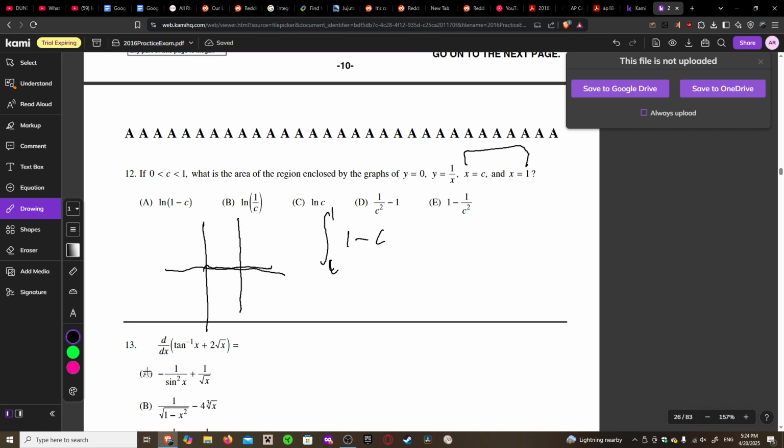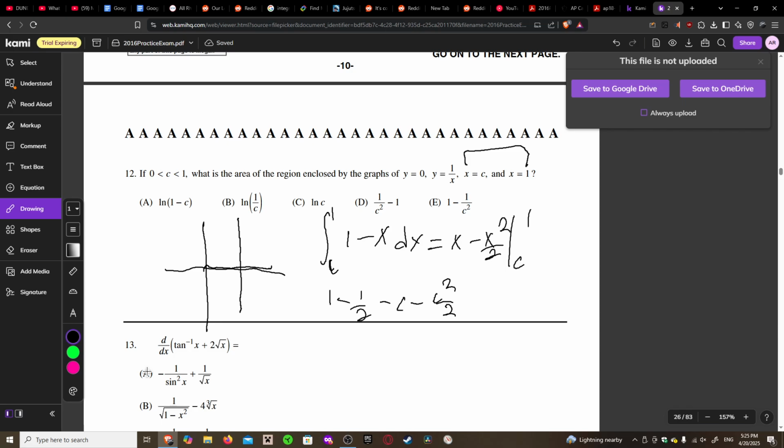Or actually, no, c would be constant, so it would be 1 minus x dx, and then that's x minus x squared over 2 from c to 1. So 1 minus 1 over 2 minus c minus c squared over 2.